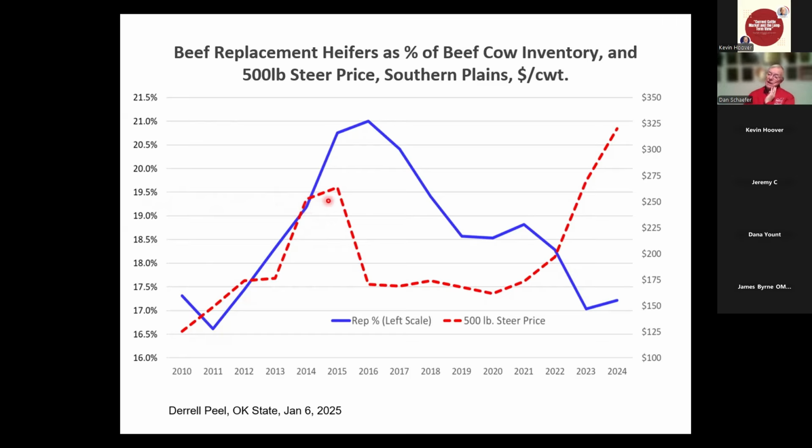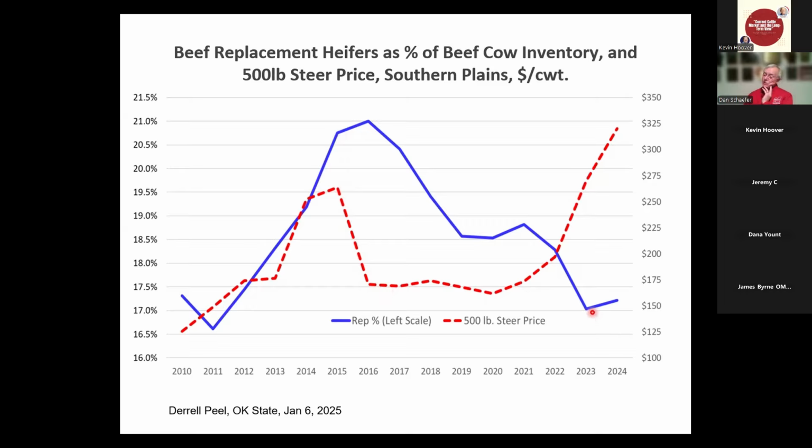And so when high prices hit on weaned steer calves, there were heifers in the pipeline to generate additional calves in the cow herd, and that replacement rate rapidly increased supply of calves, and so the price dropped.